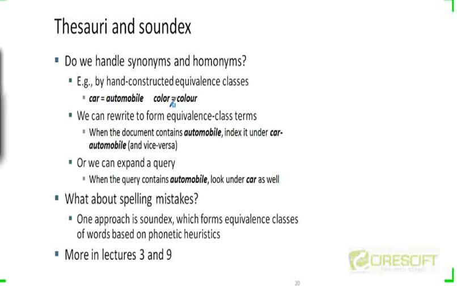If the query contains the word color written in this particular American style, you may want to retrieve a document referring to colour with this particular spelling with a U inserted, the British style. So we can create a list of synonyms by hand, and we can equivalence class those synonyms so that the different synonyms will map to the same term in the dictionary.